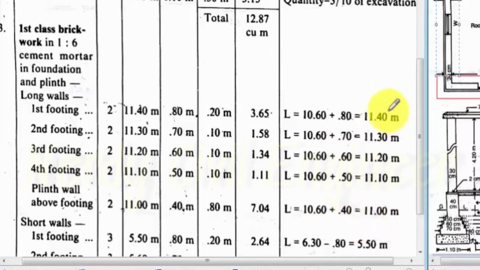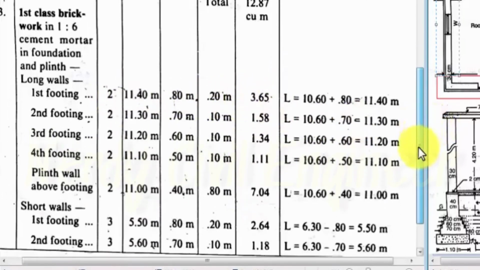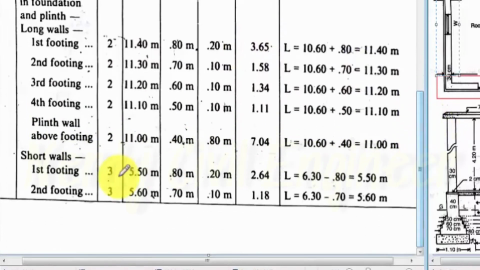Every time in the number section, if we are having 2 walls, we will always write 2 in case of footings, first footing, second footing, third footing, fourth footing, or plinth wall. And in case of short wall also, as we know there are 3 short walls, so in each and every footing and the plinth, in the number section we will put 3 only. So you know how to find out the quantity also. Just multiply the number, length, breadth and height, that will give us the total quantity.